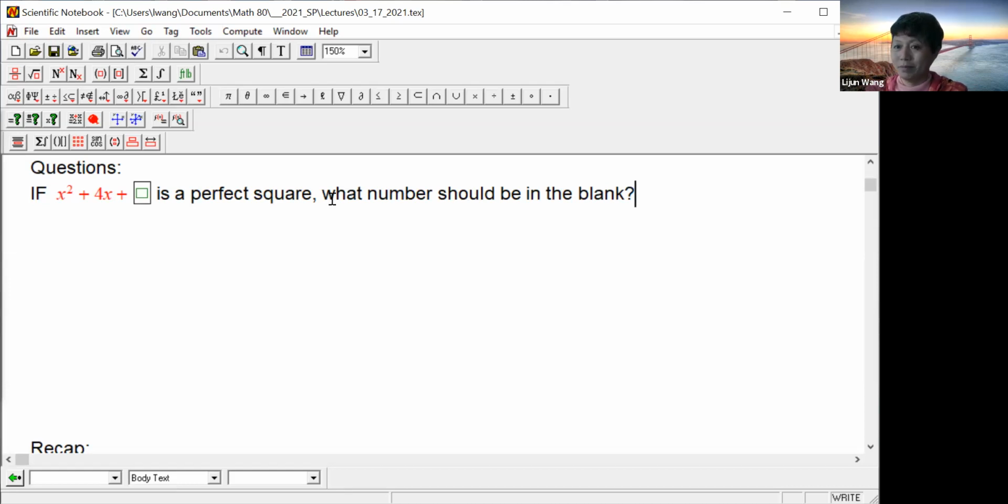Can you tell me? I just told you x squared plus 4x is a perfect square. We don't know what this number is, but can you tell me what number to fill in that will make it a perfect square? This process is called making a perfect square. What should this number be?